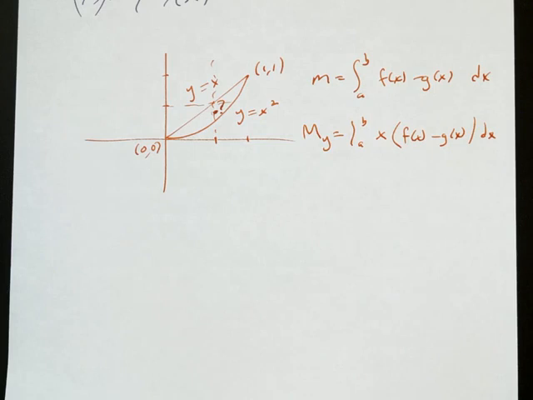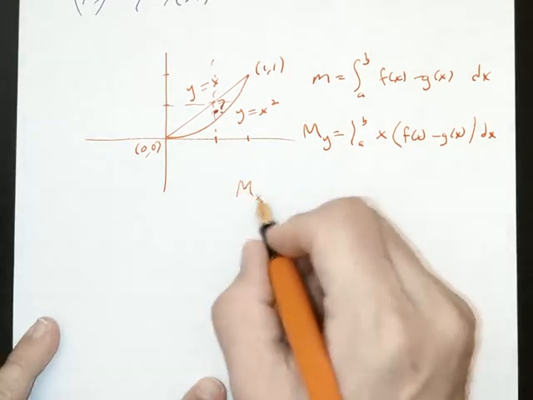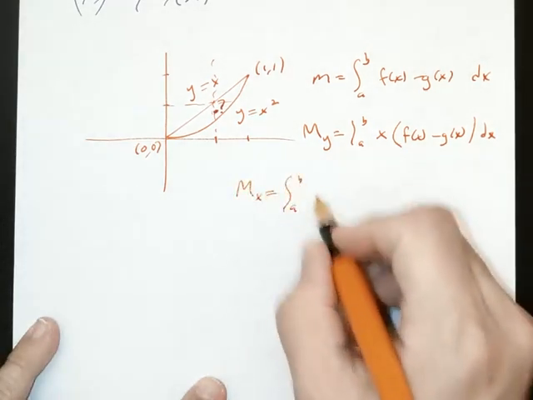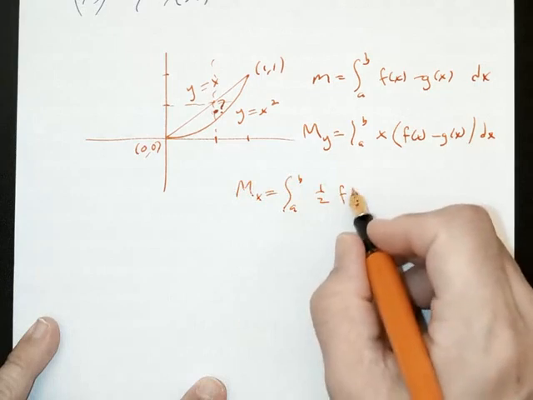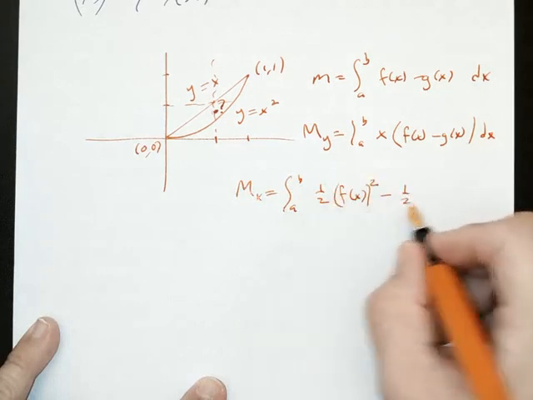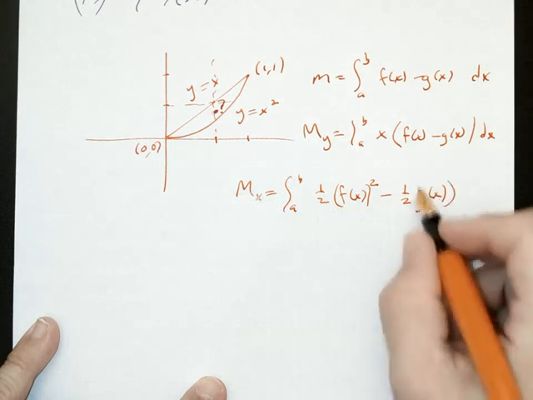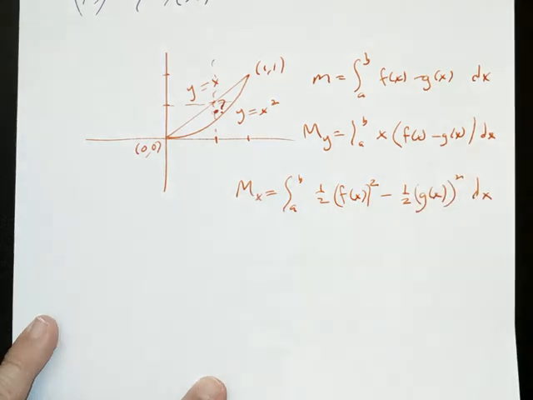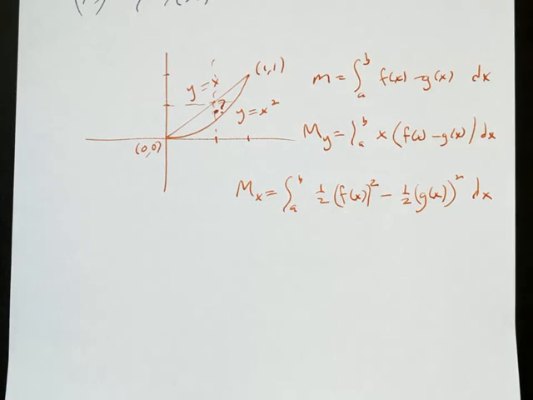But when I go to do the y integral, instead of squaring the whole thing, I square each of them separately. So I don't take f minus g and square it. I do f squared minus g squared.